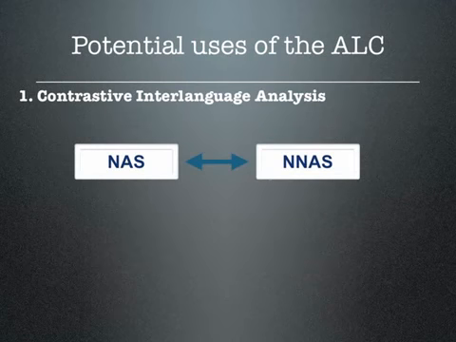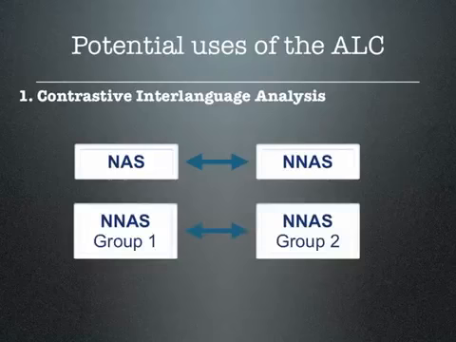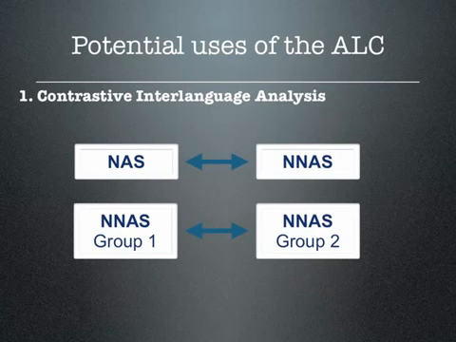As we may know, this type of analysis usually compares two groups of learners' production based on some features like nativeness. This means native speakers versus non-native speakers. Also, two subgroups of non-native learners based on their first languages can be compared.